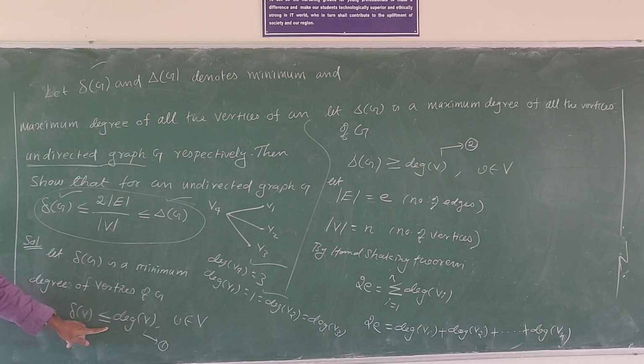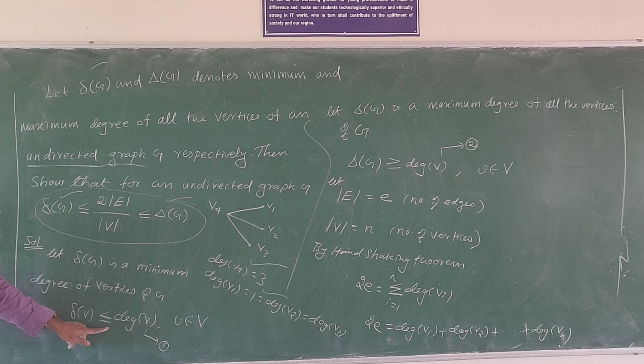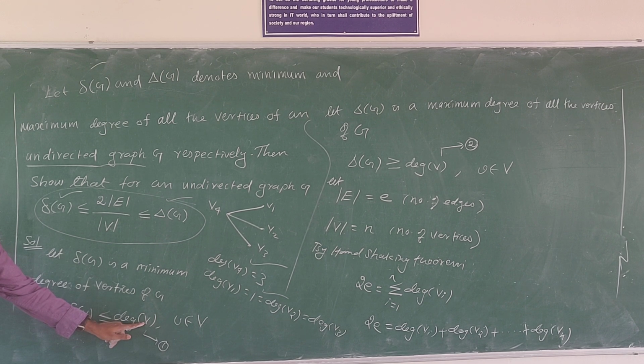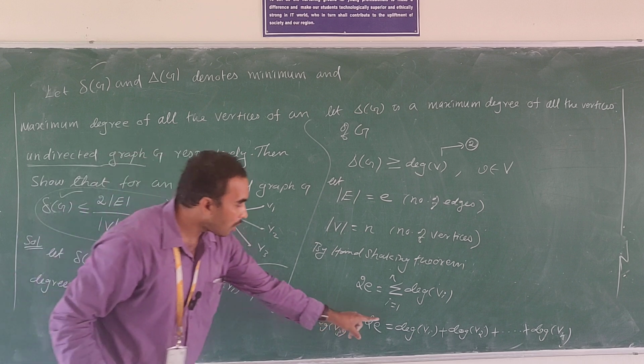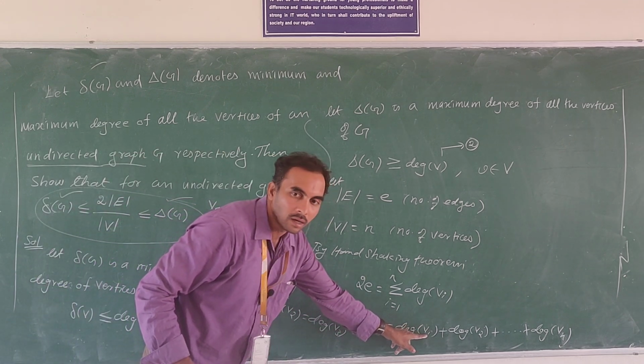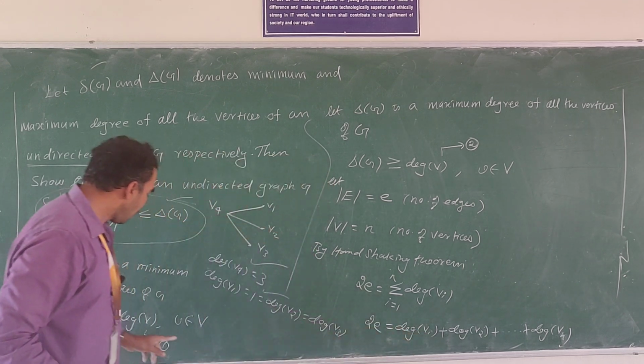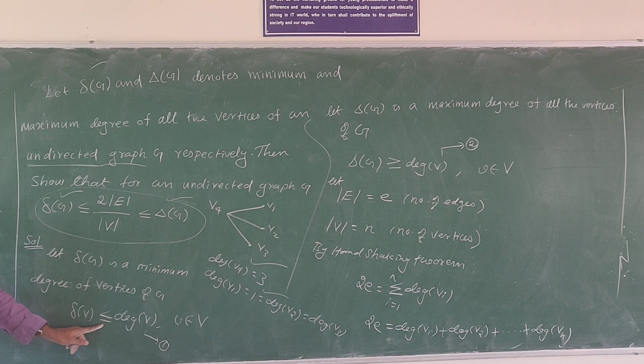Listen. Apply condition 1: δ(V) is less than or equal to degree of V. Instead of degree of V1, we can write less than or equal to δ.